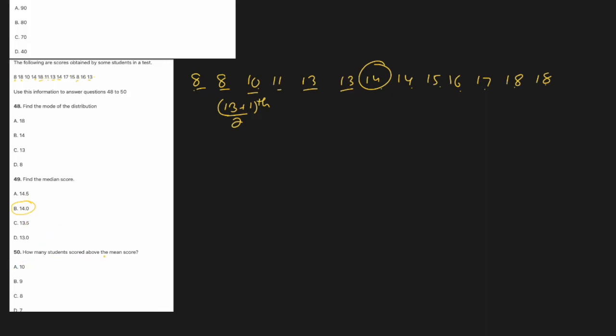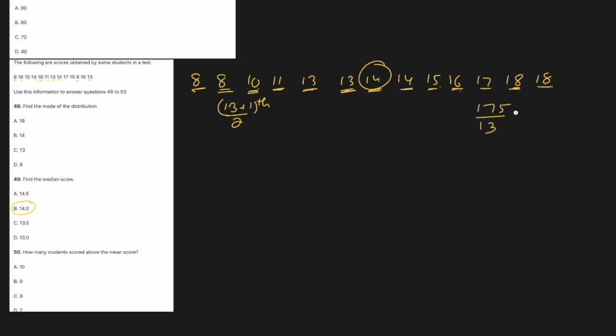How many students scored above the mean score? So if we find the mean, we'll have to add all of them. So 8 plus 8 is 16, 26, 37, 50, 63, 77, 91, 106, 122, 139, 140, 157 and 175 divided by 13.